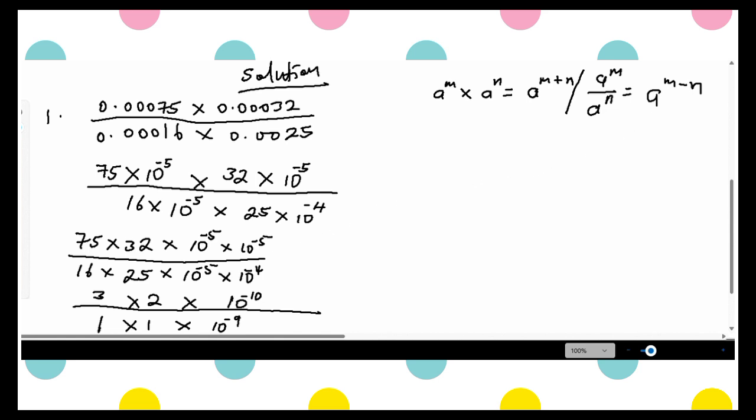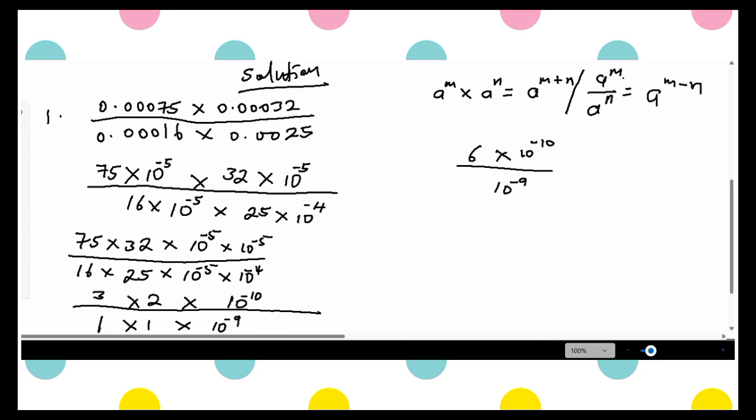Okay, so because of that, we're going to simplify this. 2 times 3, we're going to have 6, and 6 times 10 raised to the power minus 10. Then 1 times 1 is going to give us 1 times 10 raised to the power minus 9, which is 10 raised to the power minus 9.